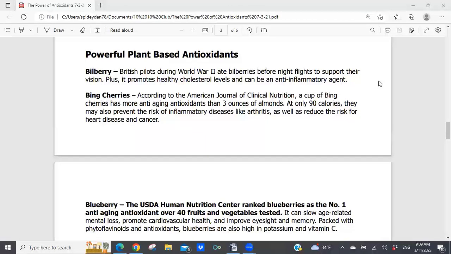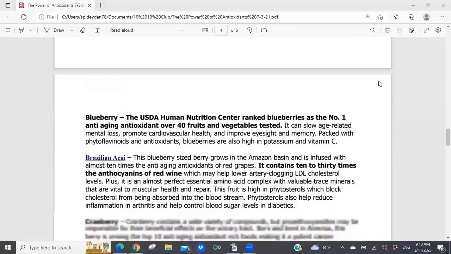Well, the first thing I want to help you understand is that the deeper the color of the skin of the fruit, the higher the antioxidant property of that fruit. So consuming fruits and vegetables that are deeply colored increases the probability of bringing in high quality antioxidants into your system.